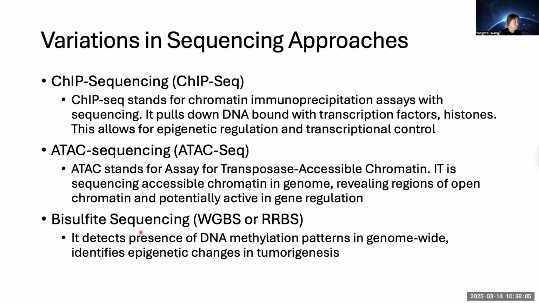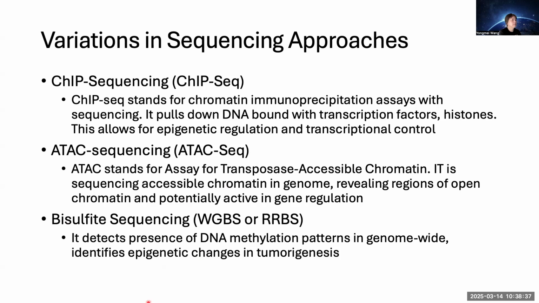Another sequencing technology is called bisulfite sequencing. This is actually very related to chemistry. It uses bisulfite that binds on DNA, and I forgot the details. And then they can differentiate: some of the DNA has been methylated, some of the DNA is not methylated. And so this technology is able to identify those methylation patterns on the DNA.